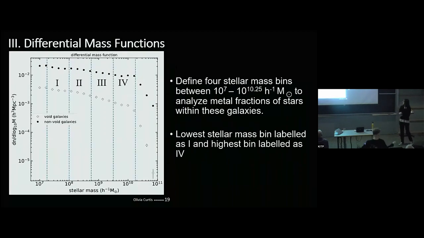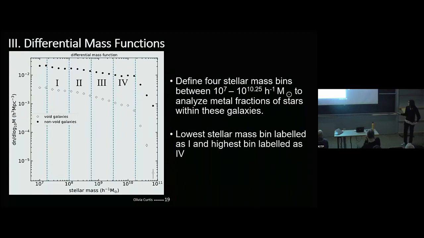For my analysis of stellar and gas metallicities within these galaxies, I first broke up my populations into 4 equal stellar mass bins, where I've labeled the lowest stellar mass bin Roman numeral 1 here, and the highest stellar mass bin Roman numeral 4.